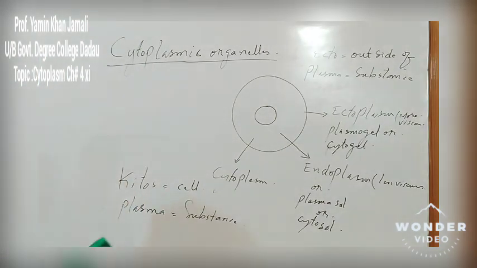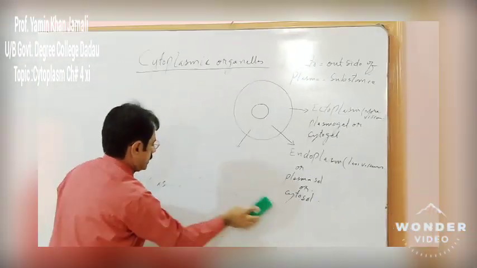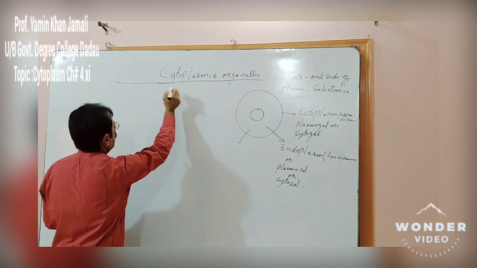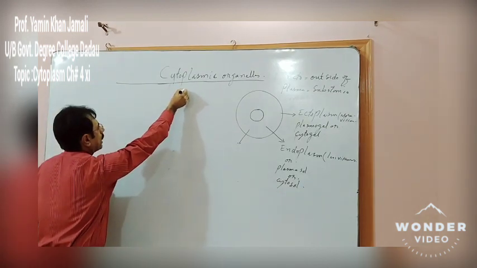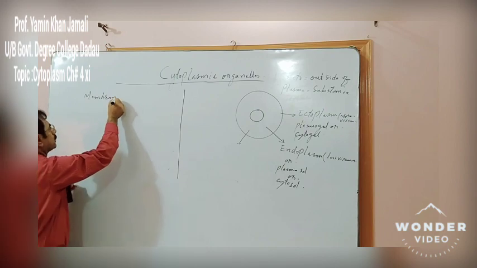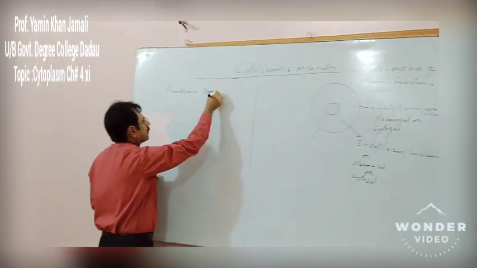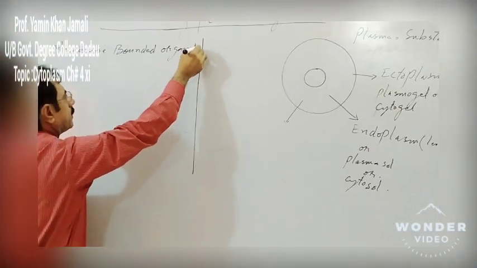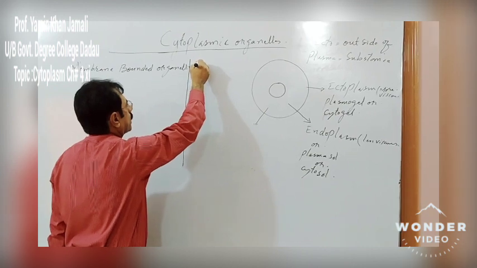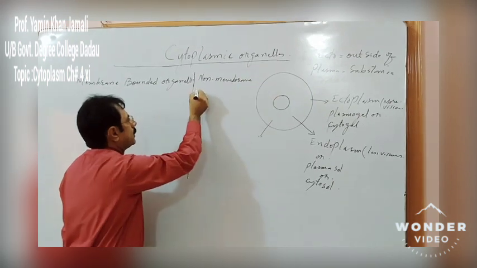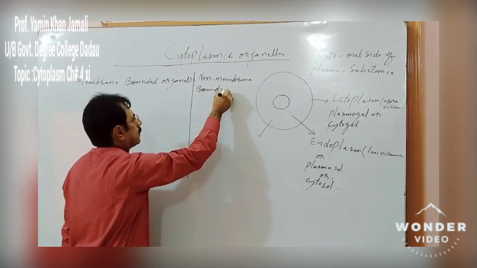There are two types of subcellular particles: membrane bounded organelles and non-membrane bounded organelles.